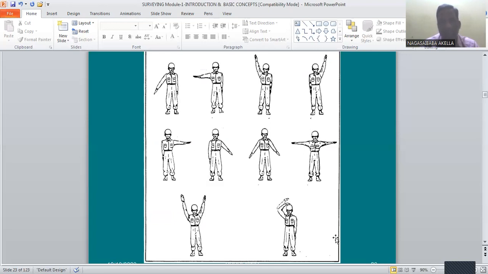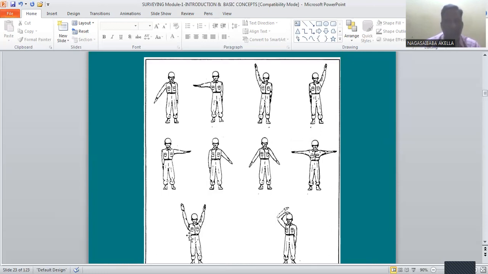If you keep the hand near the head to the right side, it means your ranging rod is not plumb. You have to make it plumb in this direction. On the left side, you have to go this direction. The very long direction you have to go, a long length. Here, some short distance you have to go.